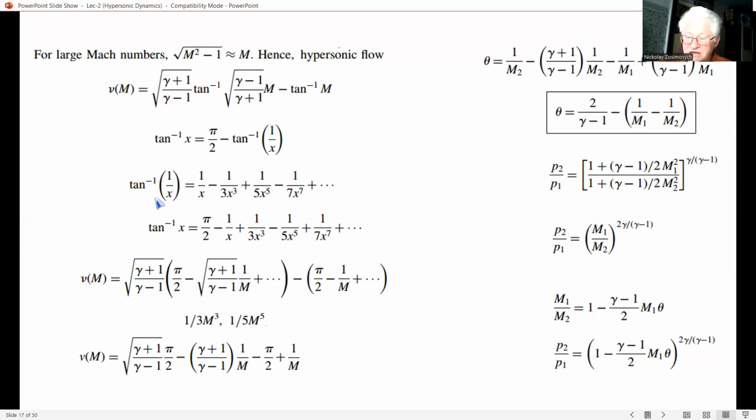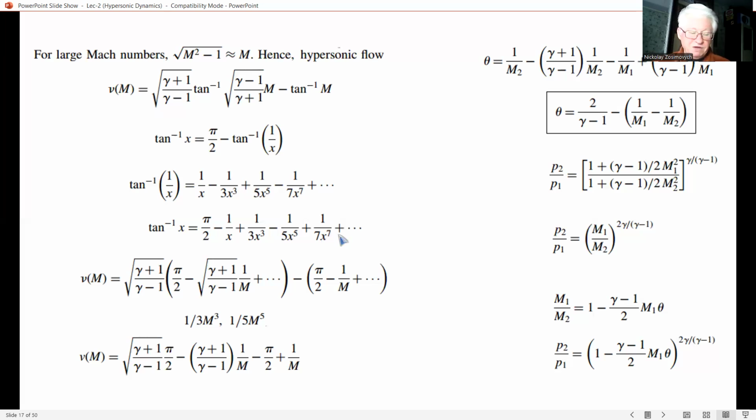And the series expansion gives us the same: 1 over x minus 1 over 3x cubed plus 1 over 5x to the power 5 minus 1 over 7x to the power 7, plus and minus signs. For the inverse tangent of x, combining the previous two, we can get this one: half pi minus 1 over x plus 1 over 3x cubed minus plus 1 over 5x to the power 5 and plus 1 over 7x to the power 7. Okay?